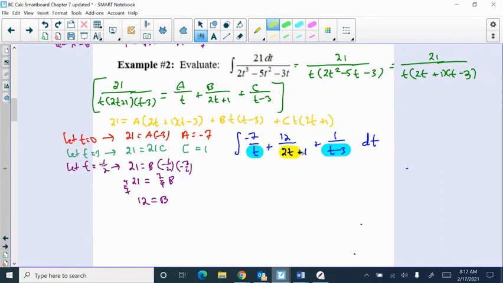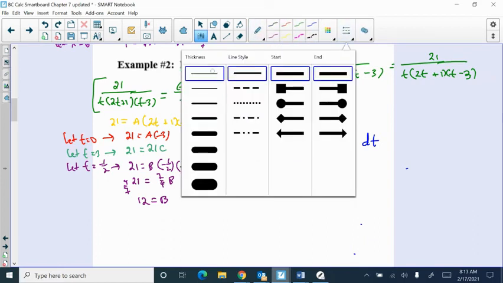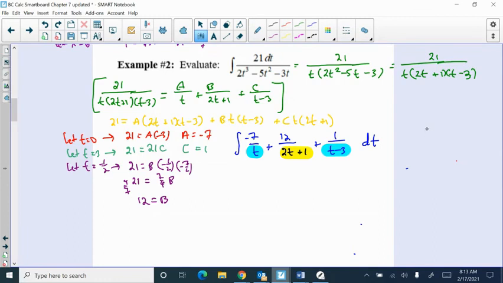But what I want to be cautious of is that 2t plus 1. When I integrate that 2t plus 1, remember, that's going to need a u substitution. So technically, you should do a u substitution, 2t plus 1, but some of you are really good at these linear factors that you just realize you have to bring that over, so it almost becomes a reciprocal. Because there's a 2 here, I'm anticipating that chain rule by making it a 1/2 for that antiderivative. If you're comfortable with that, I'm okay with that too.